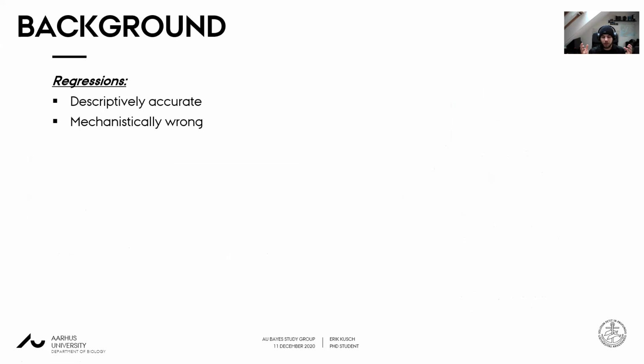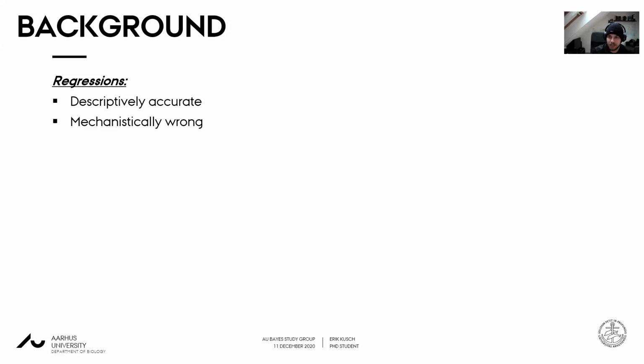Regressions, which is the core theme of today's session, are inherently descriptively accurate because that's how we design them to be. But usually, as far as nature's concerned, they are mechanistically wrong because they give us nice and oftentimes very accurate predictions, but they don't necessarily identify the cause underlying pattern or process or distribution that is out there in nature.